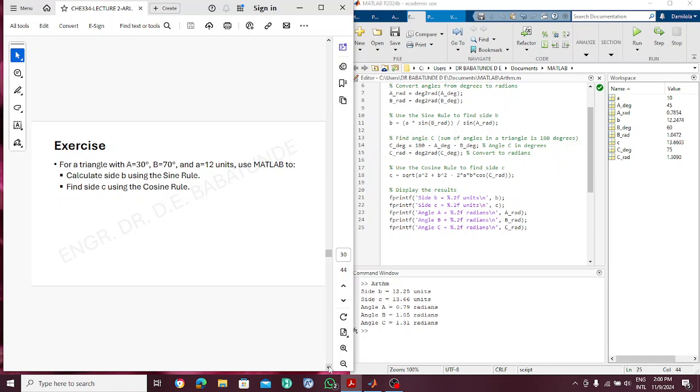So here are other variables that you can try your hand on to practice the sine rule and the cosine rule. The takeaway here is, when you are given a problem, you can represent it pictorially, see what is actually going on there, see the known variables, put them close to where they are supposed to appear in the diagram, and know what the unknowns are, know the equations that apply, and make the necessary inferences. Like we said, we know that the sum of the 3 angles in a triangle is 180.